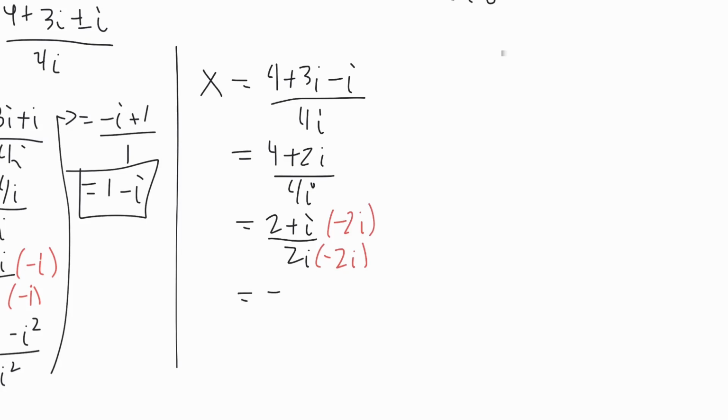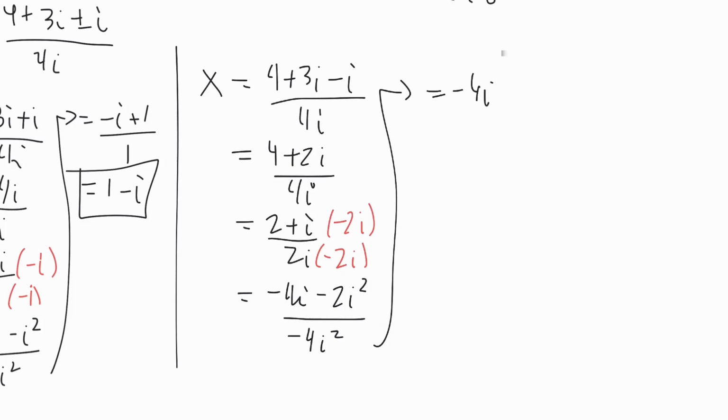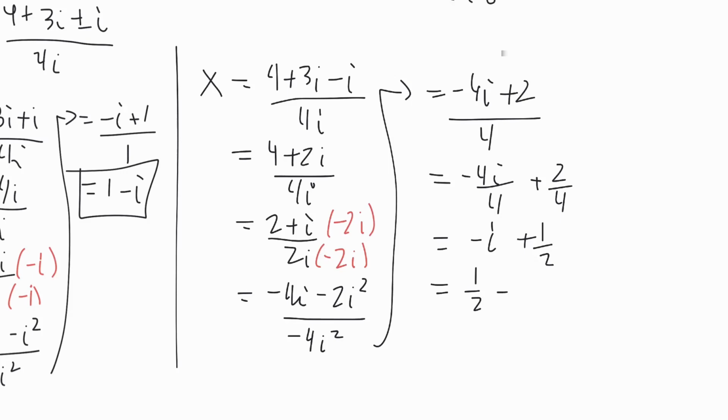That'll give negative 4i minus 2i squared over negative 4i squared. So negative 4i plus 2 over 4, which we could simplify as negative 4i over 4 plus 2 over 4. So negative i plus a half. We always write the real part first. So 1/2 minus i. There's our second solution.